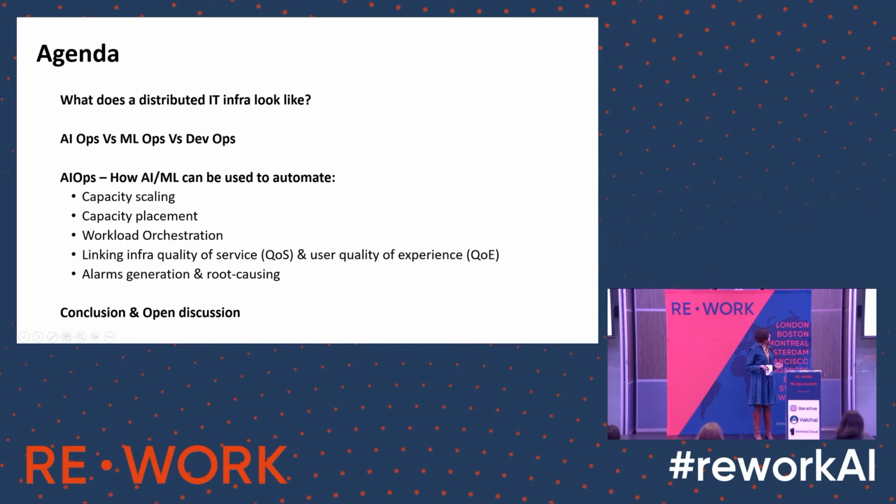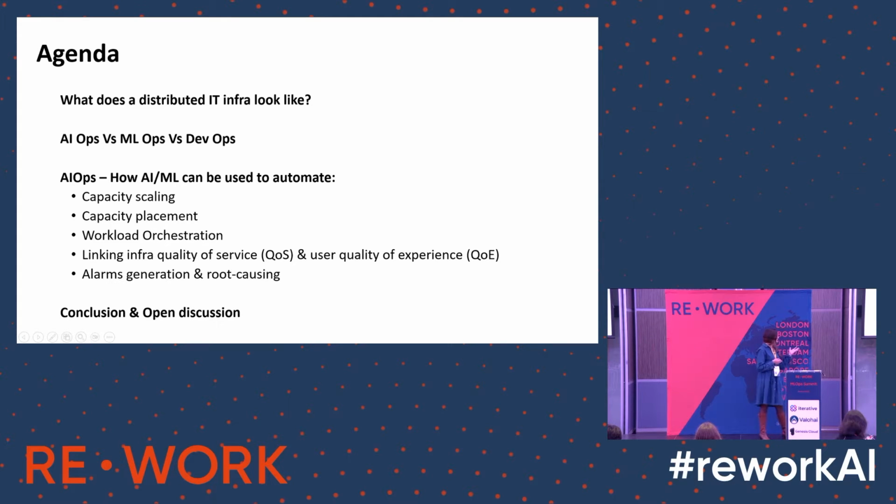The agenda: I will start by describing what a distributed IT infra looks like, although I'm sure that you are familiar with it in this audience. I will clarify the similarities and the differences between AIOps, MLOps, DevOps, because there are overlaps, but also differences. I will talk about a few use cases where we are using AI and ML to automate IT operations at scale.